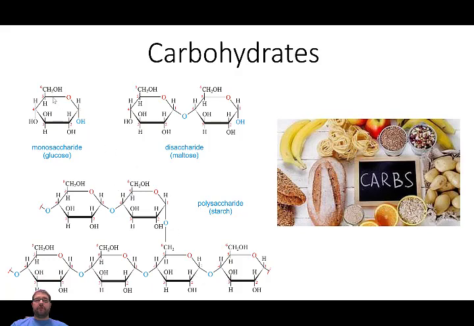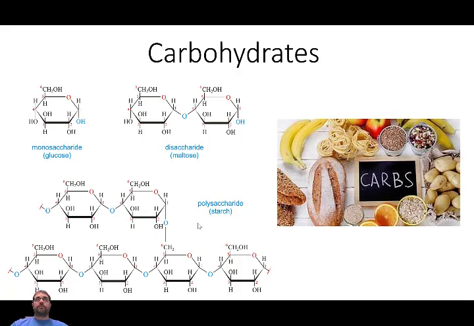So yes, glucose is a very common molecule. It's created every second of every day. Okay? Now, it's not stored as glucose very often, though. It's often stored maybe as maltose, but often it's stored as a larger molecule like starch, okay? Or even larger molecules like cellulose.